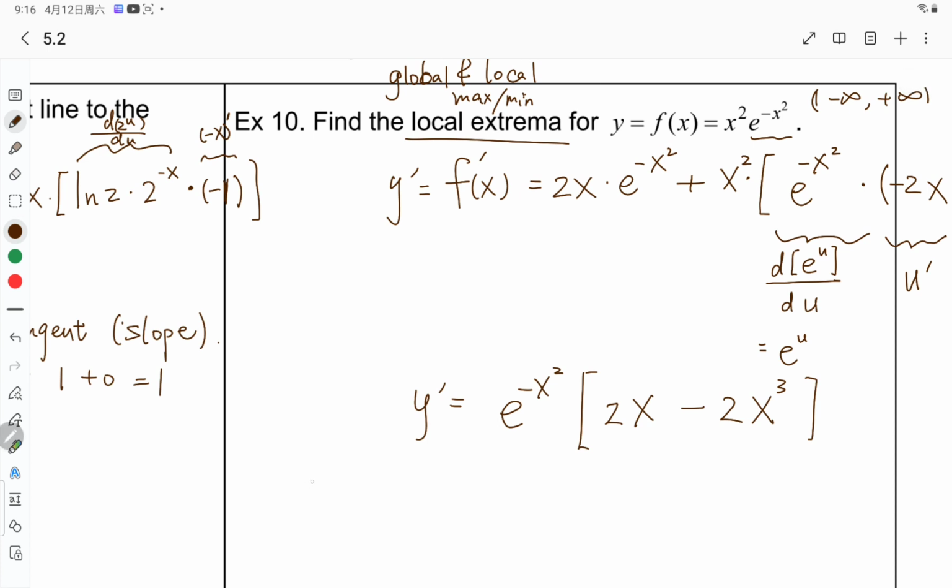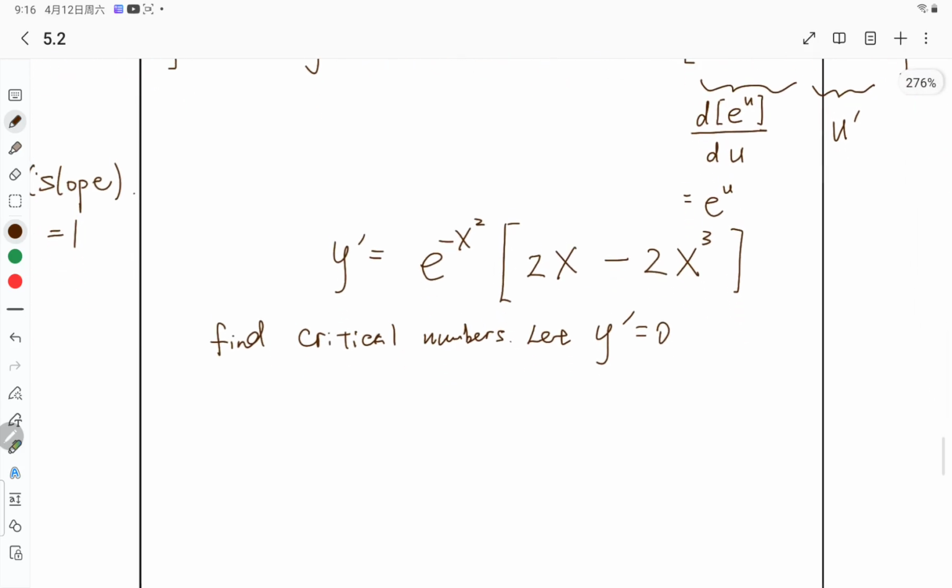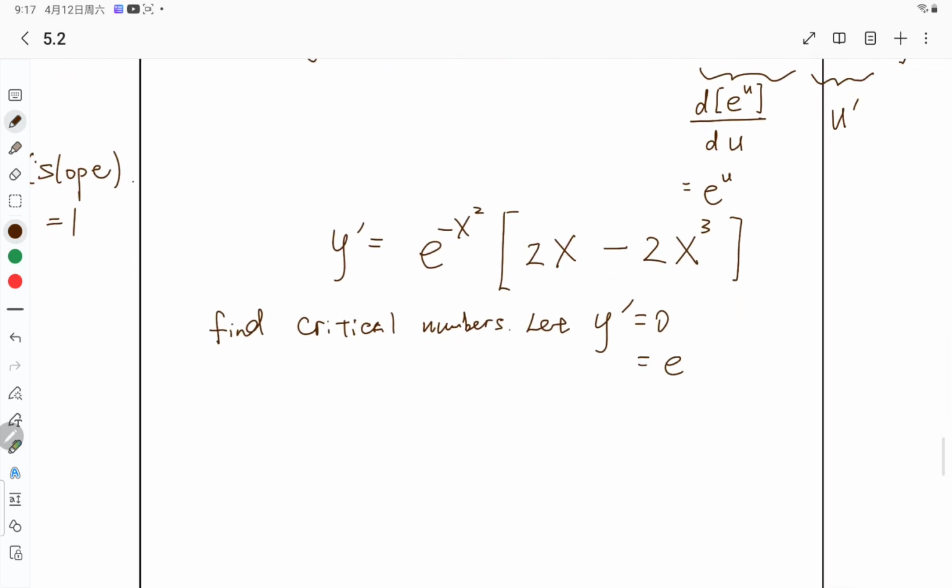So in order to find the critical values, right? Find critical points or numbers. So just let y prime be equal to 0, right? So e to the negative x squared, this function can never be 0. Is that clear? This exponential function is never going to be 0.